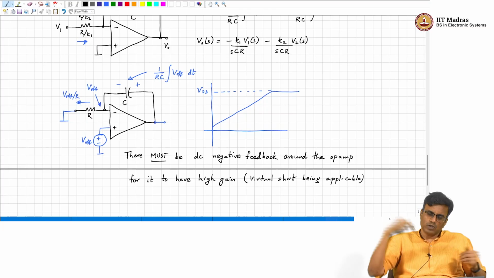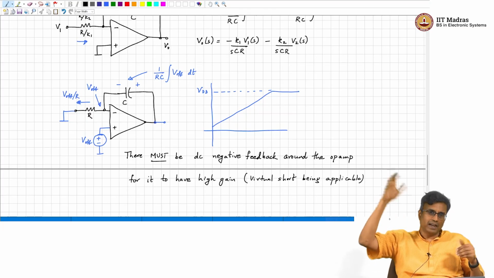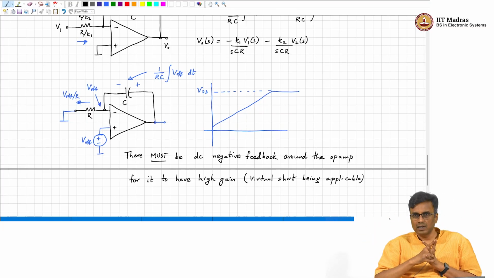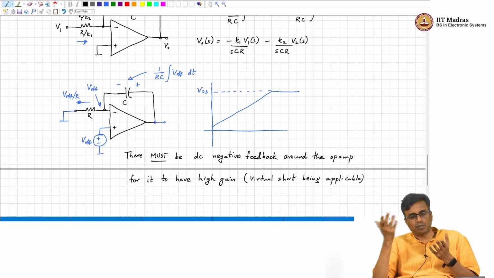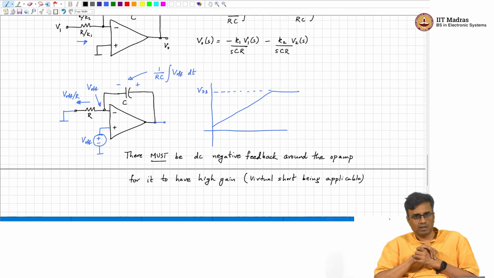If there was no saturation, if the output could go to infinity, then we could still operate it in open loop and the output would go to infinity. But of course, in reality that's not possible, and therefore you can never operate an op amp without DC negative feedback and expect it to behave like a virtual short.